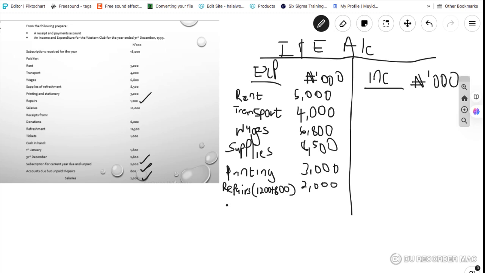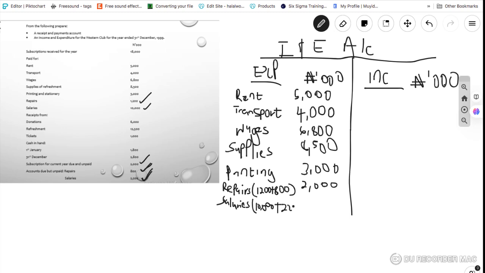So for salaries, we also have accrued salaries. I'm going to put that here, salaries. This is the value of salaries here, that's 10 million, plus the accrued figure outstanding that is due but unpaid, which is 2,200,000.